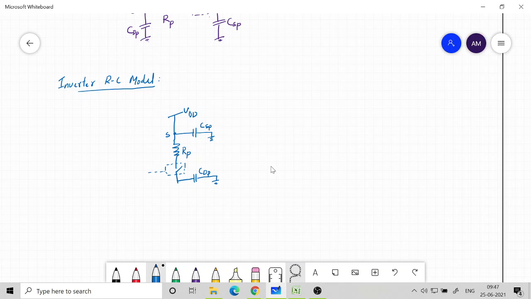So this is basically our gate of PMOS. This is the drain. Okay, so drain, source and gate.